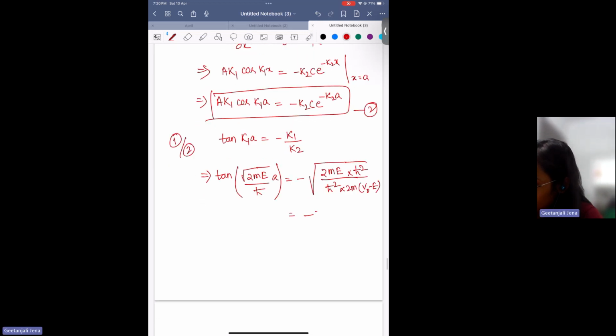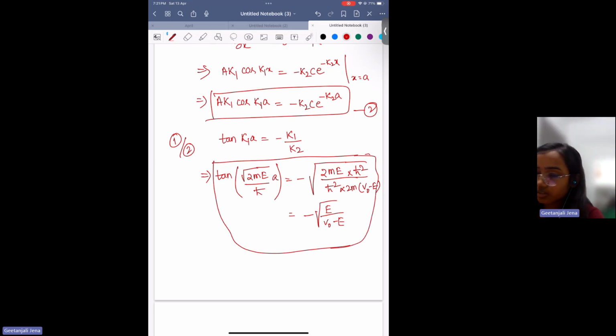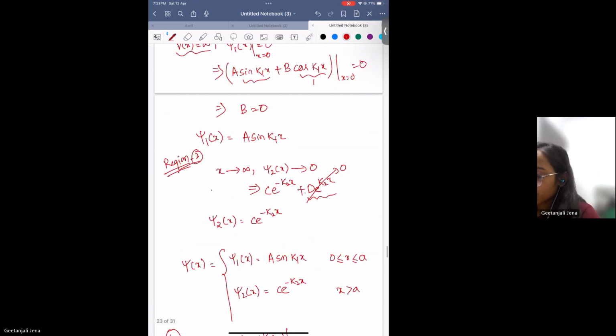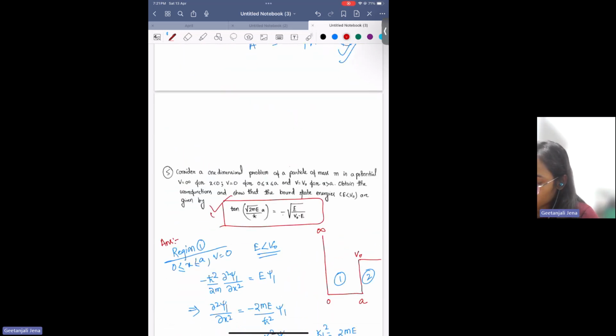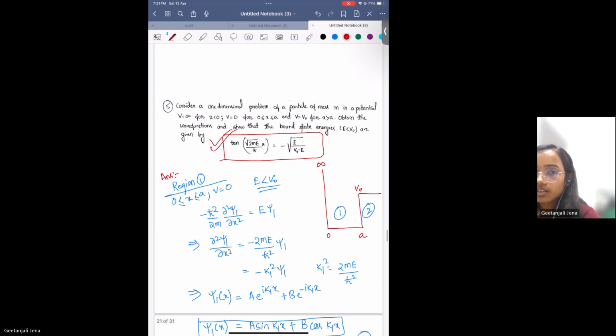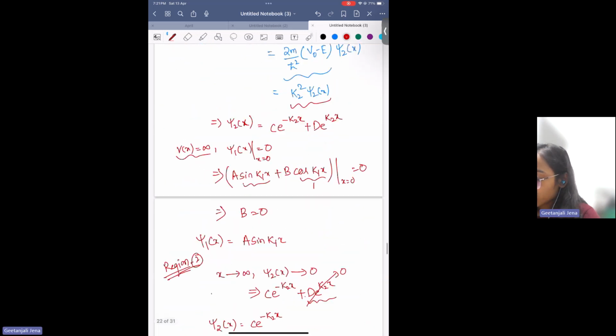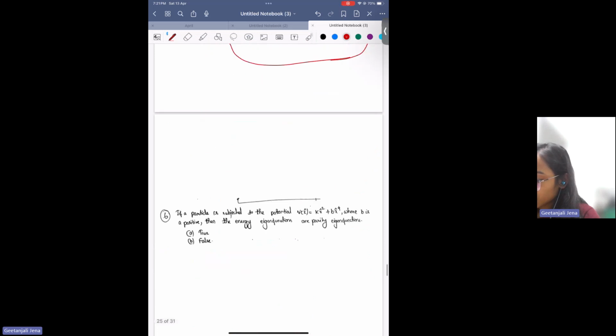So this will be minus root over of E by (V0 minus E). So this is the transcendental equation which was asked in the question. Okay. So we already got the transcendental equation, which is this one. So now let us move to the next question.